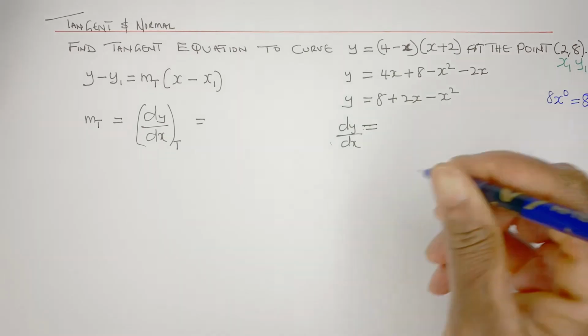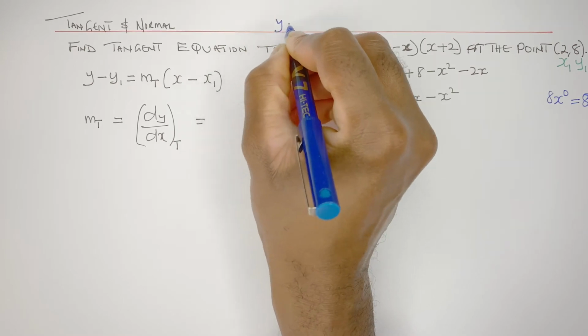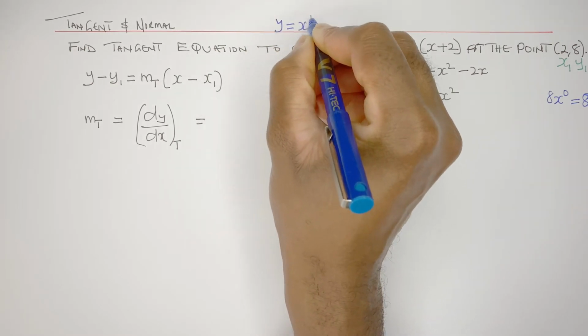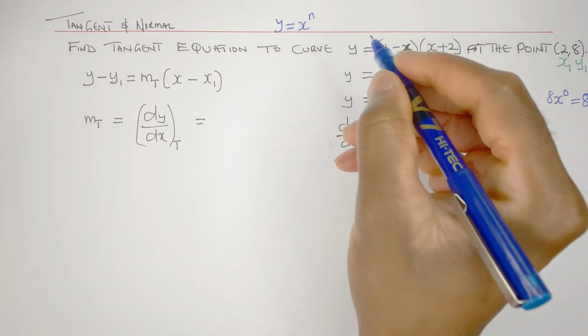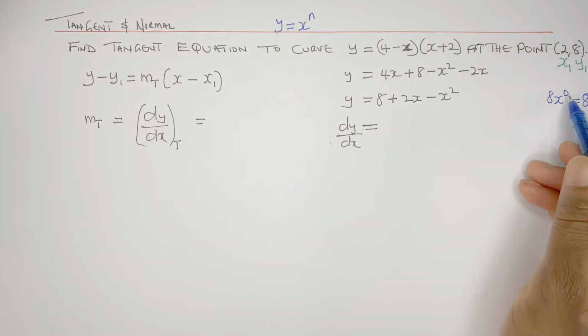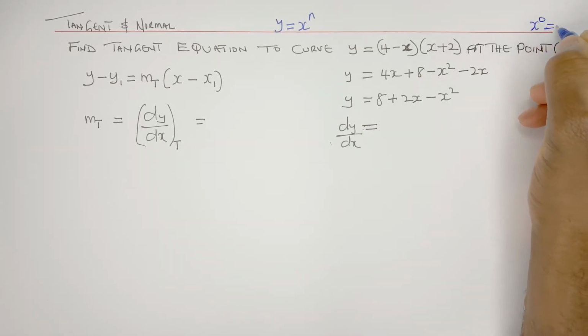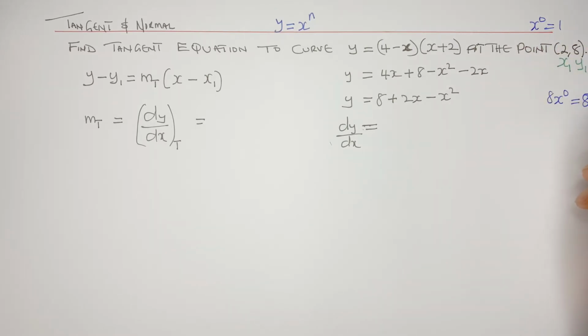Whenever we're differentiating, we want to have y in the form of x to the power of n. This one doesn't have x, so we can put it as x to the power 0, because x to the power 0 is 1. So that would be 8 times 1, which is 8.